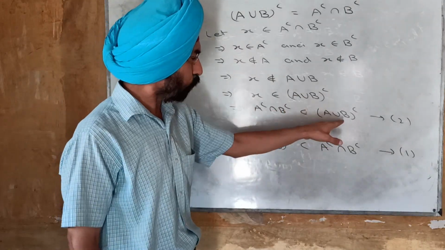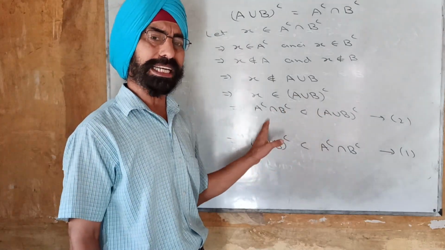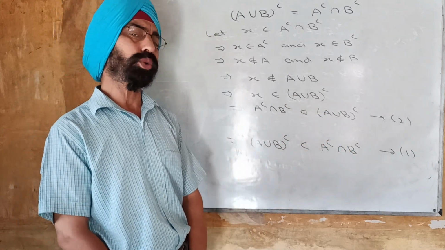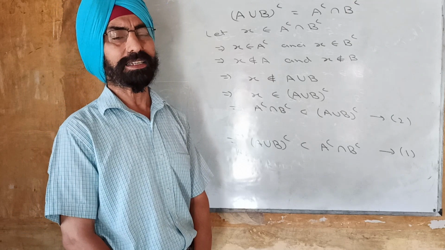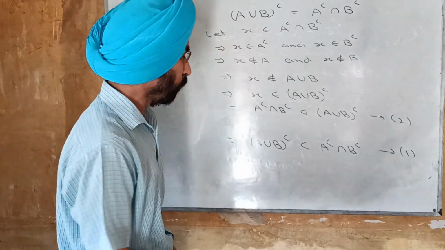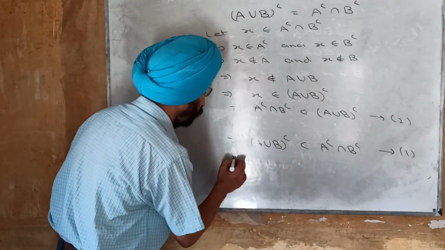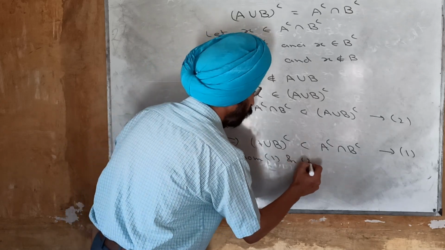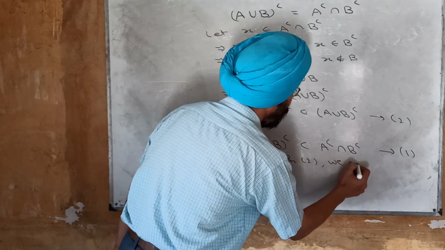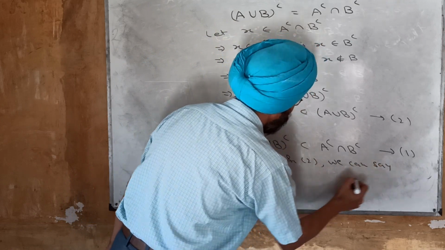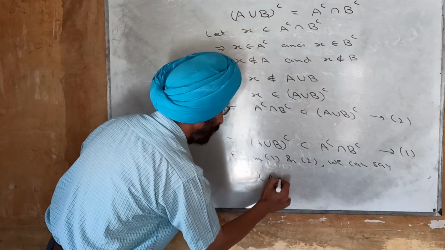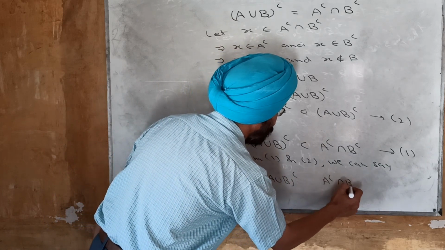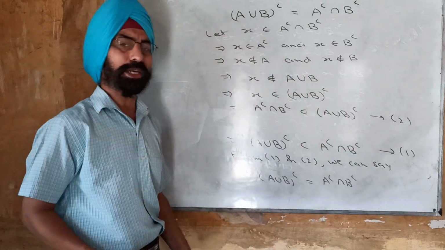That means these two sets are subsets of each other. And when two sets are subsets of each other, then they are equal. So what follows from 1 and 2? From 1 and 2, we can say that these two sets, (A union B) complement and A complement intersection B complement, are equal.